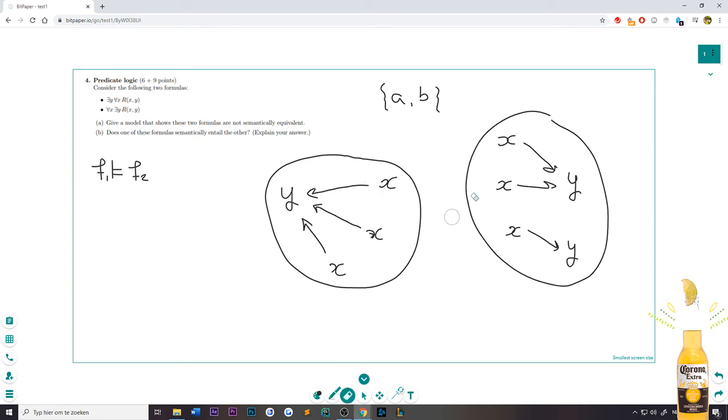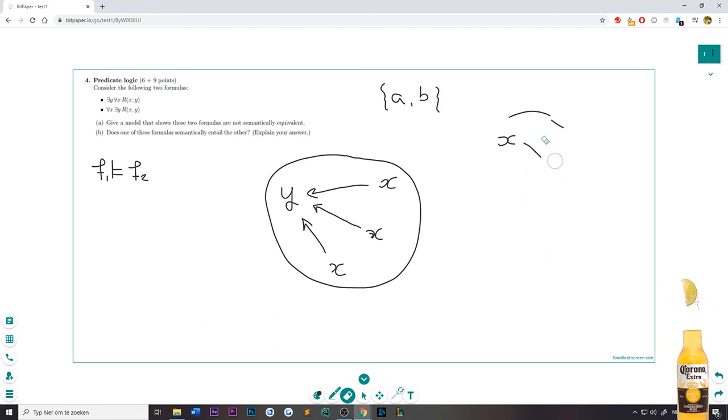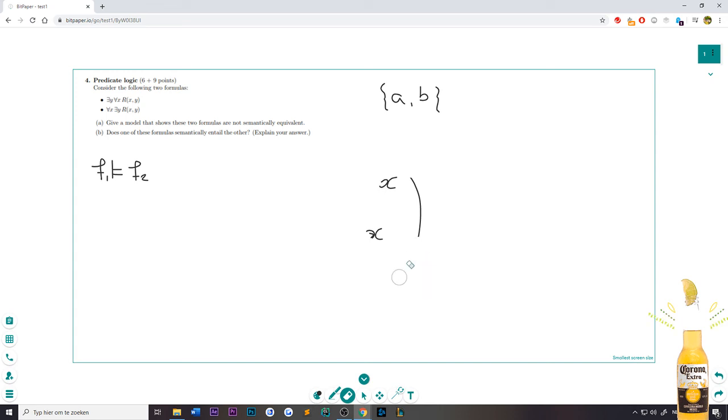Does that make sense? So you can show that they are not semantically equivalent by... wait, no, that was wrong actually. I shouldn't have removed that one. But you can have element A and you can have element B, right? And you can have it such that, let's see, for all x, there is a y that they relate to.